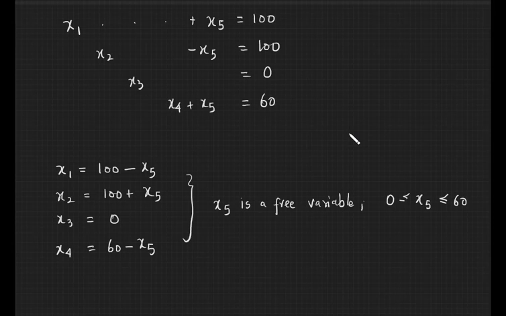Similarly, for each specific value of x5 you will get a different solution set. Hence this system has multiple solutions, or you can say more than one solution, and the values of x1, x2 and x4 depend on the value of x5.